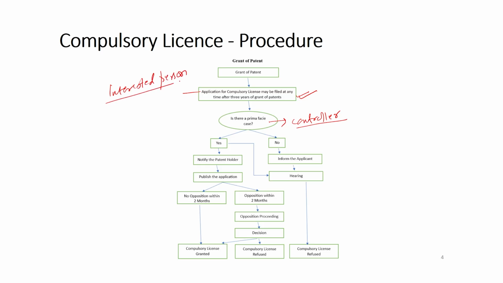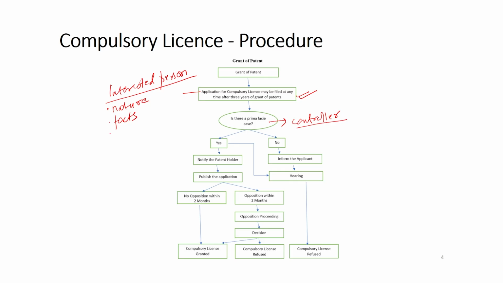And if you remember, I said it is defined in your Patent Act, section 2(1)(t). In the application, the interested person has to explain the nature of interest. How is he an interested person? He has to give facts in support of his claim to get compulsory license.